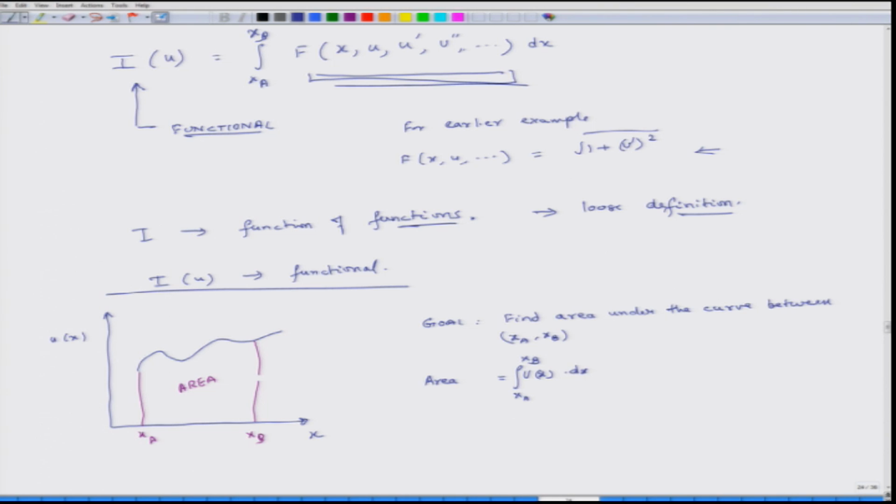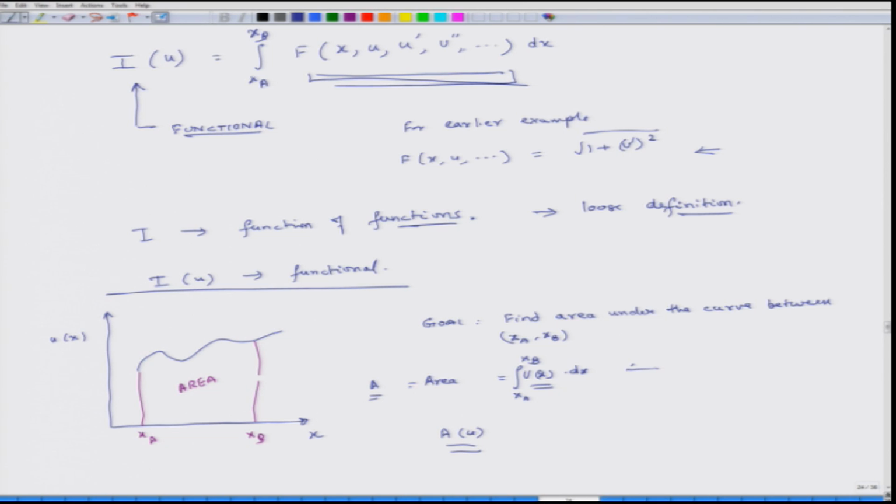So, that is the area, and so let us call this area as A, and depending on our choice of u, the value of this area is going to vary. So, I can say that this area depends on u. Based on the nature of this function u of x, area is going to vary. So, A depends on u in this case.